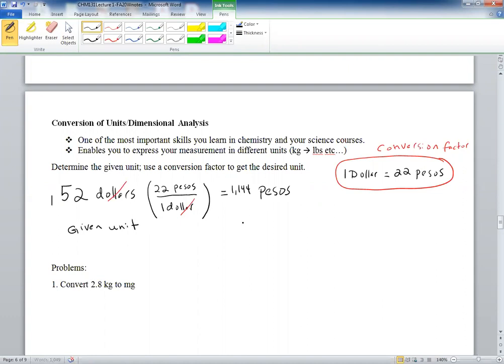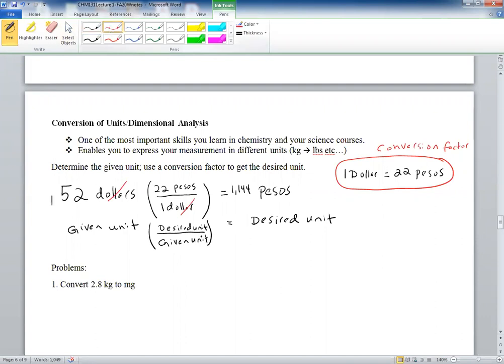Now, the idea of dimensional analysis is you always start with a given unit, and you would like to end with what we call a desired unit. So whatever the conversion factor is, the given unit will go in the denominator to cancel out, and the desired unit will go in the numerator, because that's what you will end with.